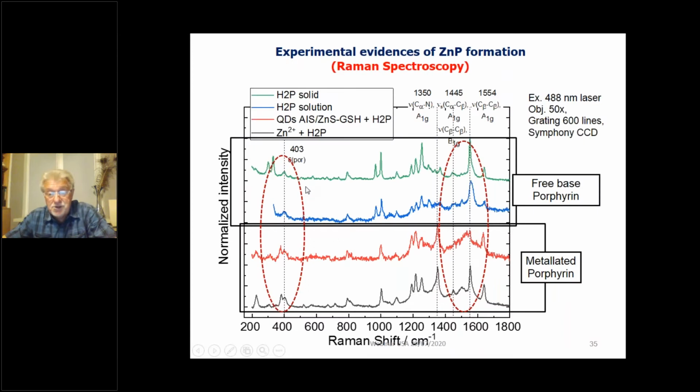The formation of metalloporphyrin in this case has been detected using Raman spectroscopy, and we observed the formation of porphyrin molecules with a silver central atom, which penetrates into the center of porphyrin molecules from the quantum dot shell.